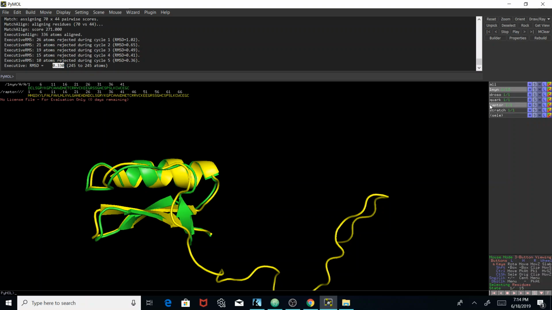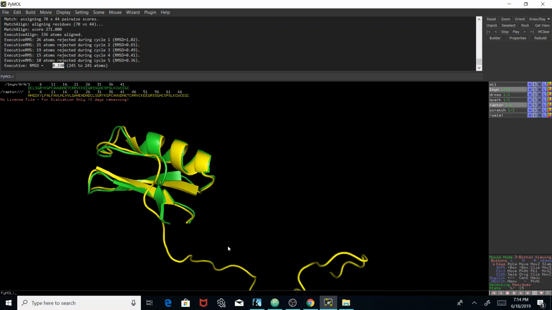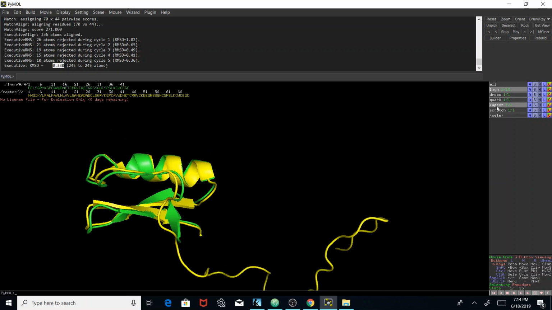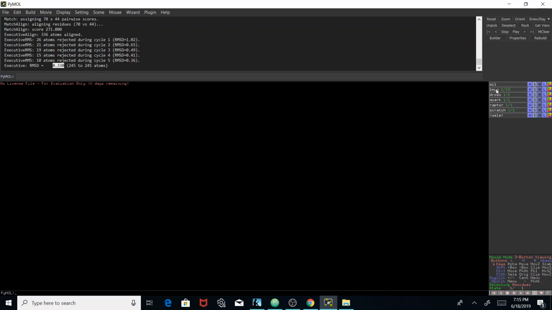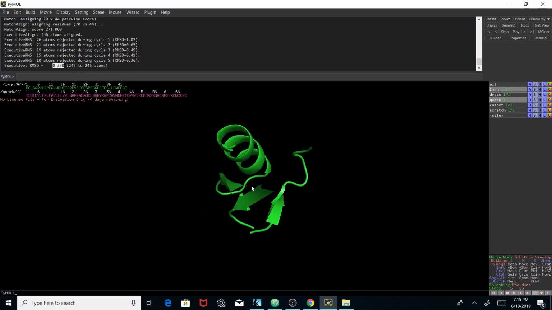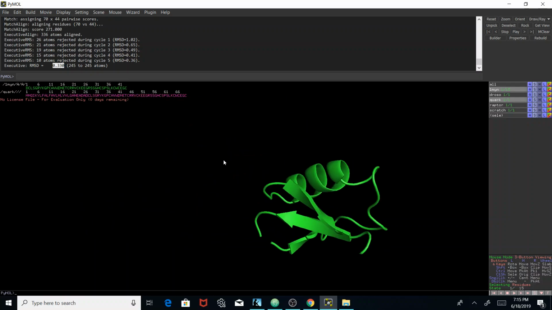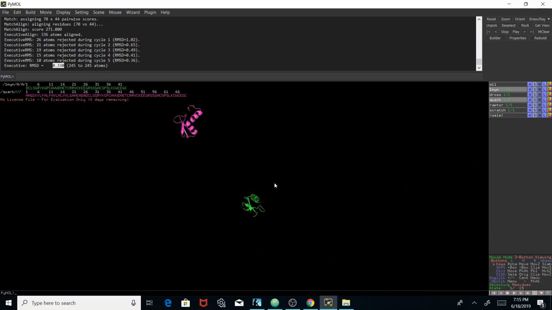Raptor predicted with protein threading, and with Quark, this was done with ab initio, so from the protein sequence itself. So we can align these. Align Quark with 1MYN.